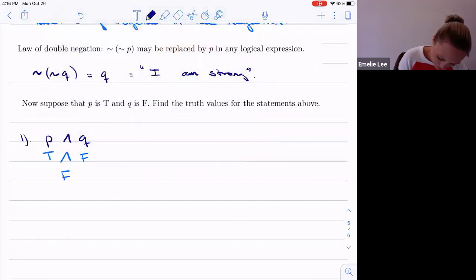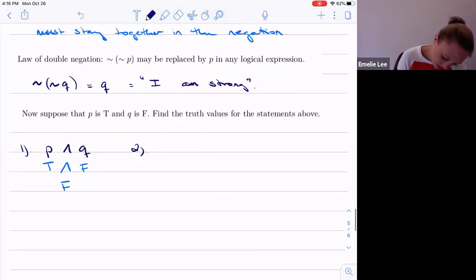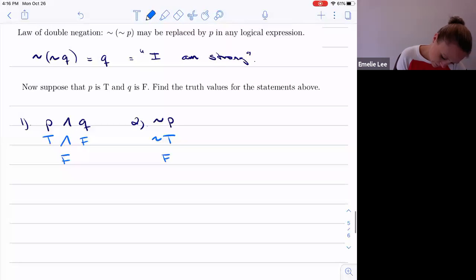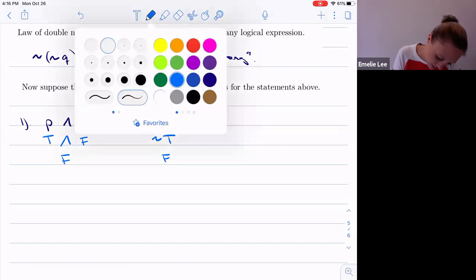So for the second one, we had not P. Remember P is true, so not true is also false. So what I'm doing here is replacing these letters with the truth values and then seeing how those letters work in these operators.